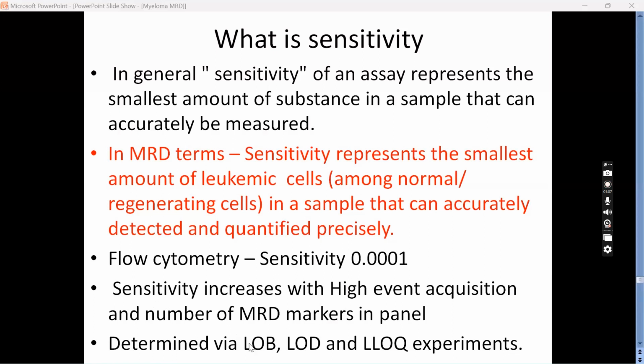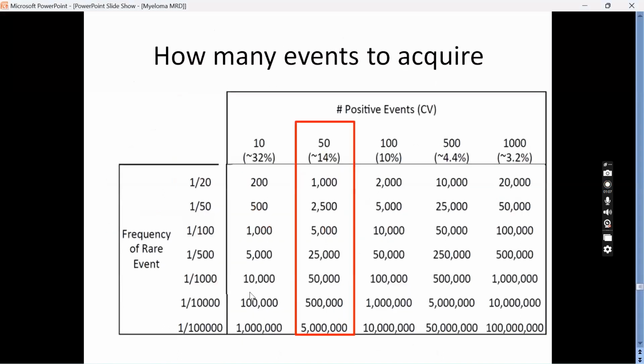So how could you determine this? You can determine this by doing certain experiments called limit of blank, limit of detection, and lower limit of quantification experiments. Okay, now what is limit of blank? So before I go into limit of blank, for example, how many events to acquire?